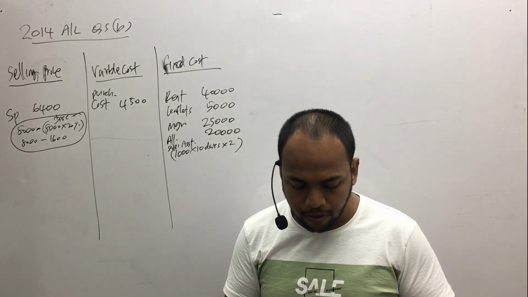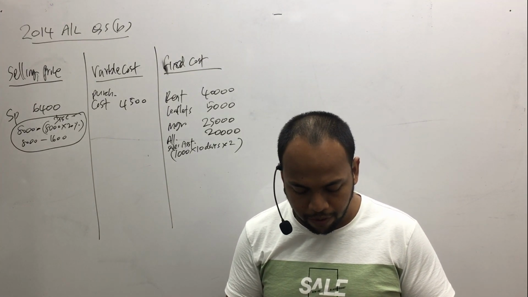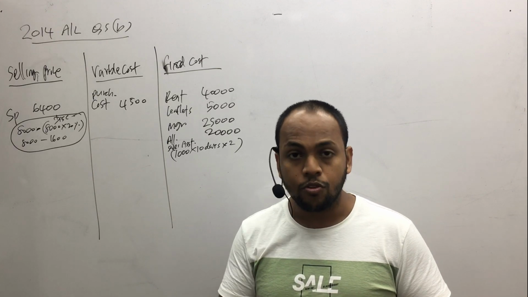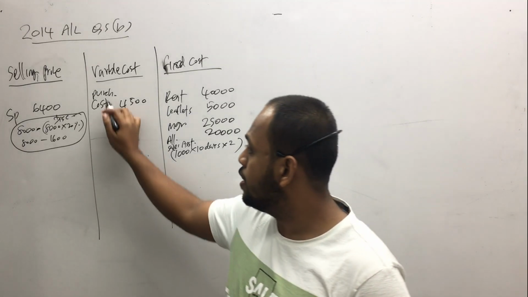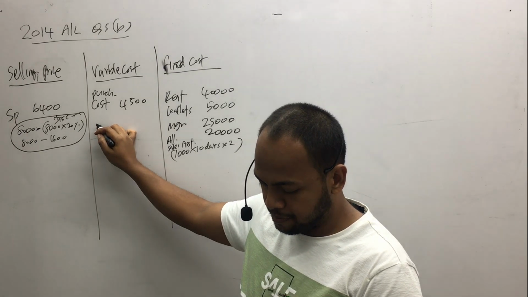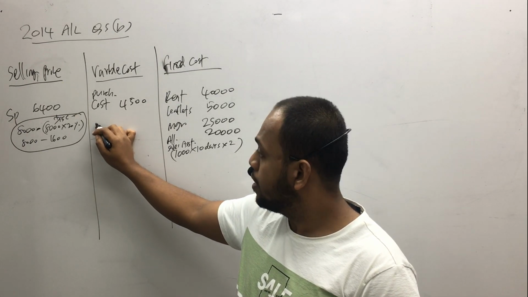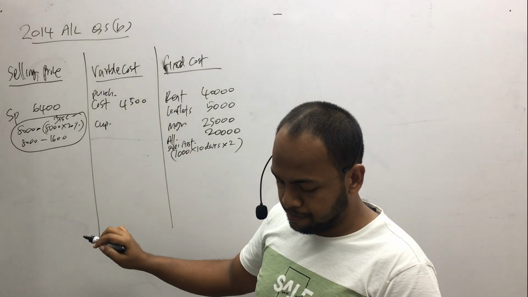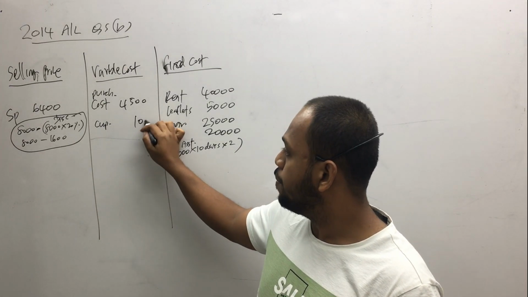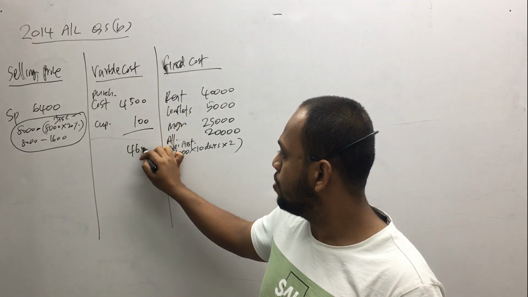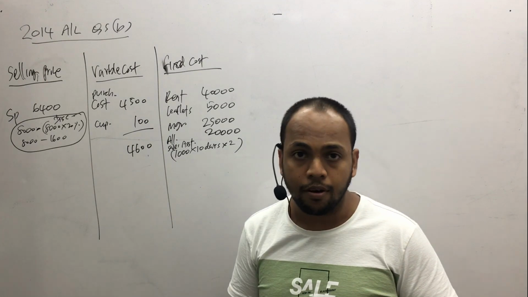And price of a cup gifted with every unit of the product. So we are having another additional cost. Cup, 100 rupees. So 4,600 rupees variable cost.